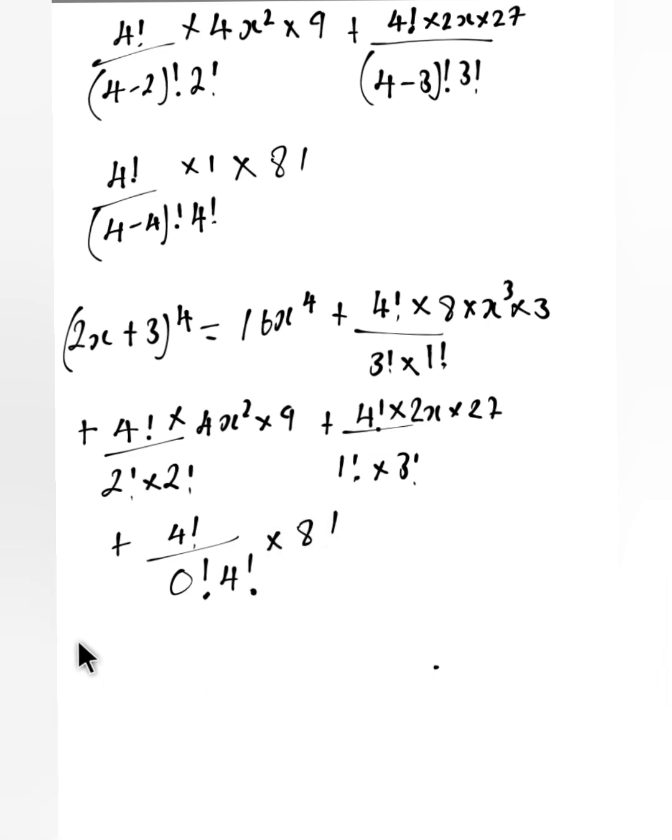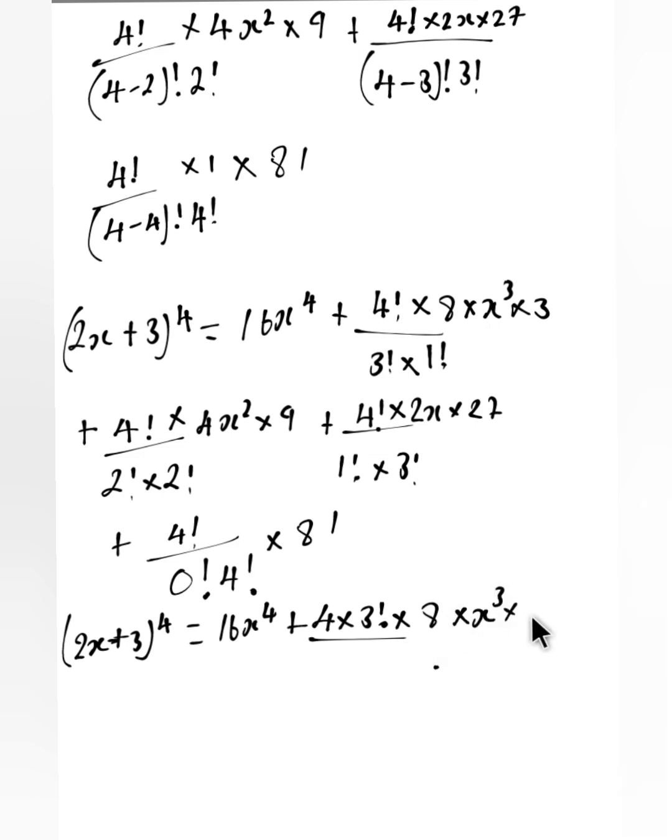So let's simplify this further. This is (2x + 3)^4 equals 16x^4 plus 4 factorial is 4 times 3 factorial. We stop at 3 factorial because the 3 factorial here will eventually cancel out, times 8 times x^3 times 3 all over 3 factorial, plus this is 4 times 3 times 2 factorial.